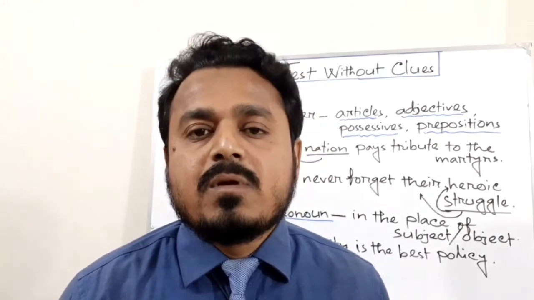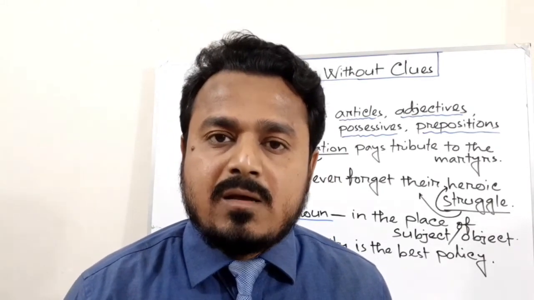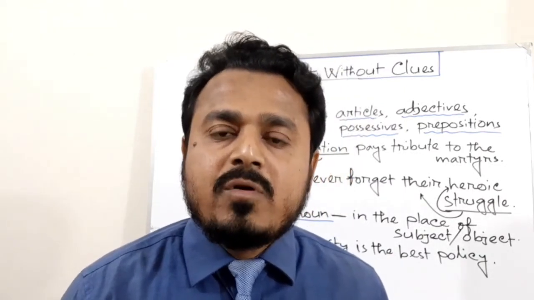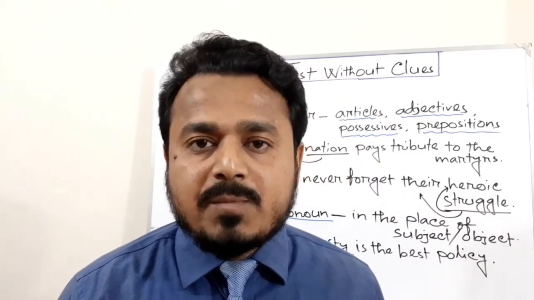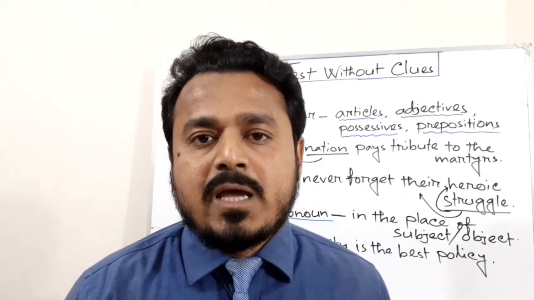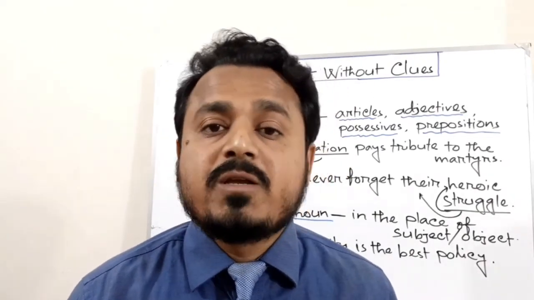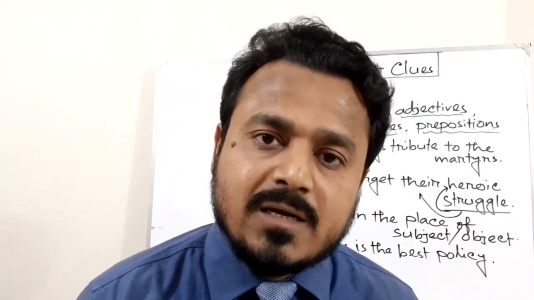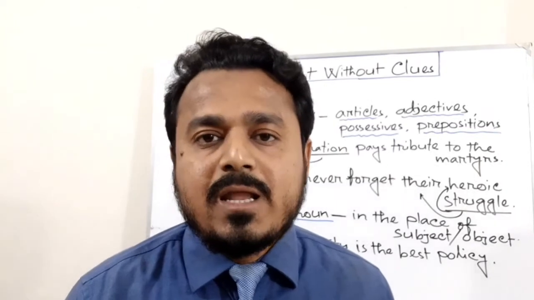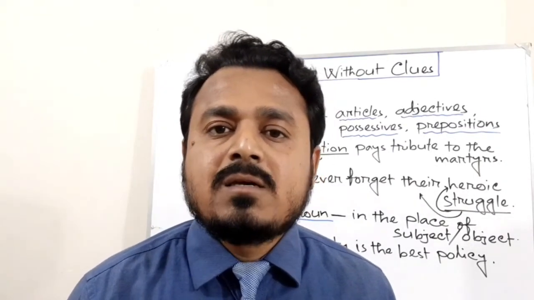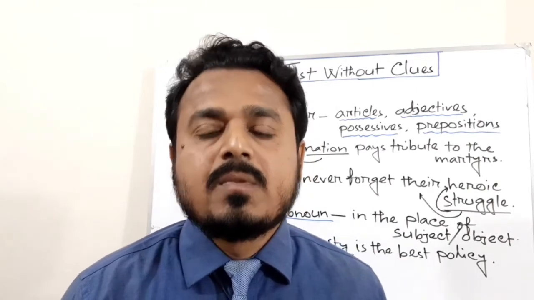You have to answer the reproduced passage. You will have to fill up the 5 gaps of the reproduced passage according to the information of the seen passage. Dear learners, now let's focus on how to answer the question.